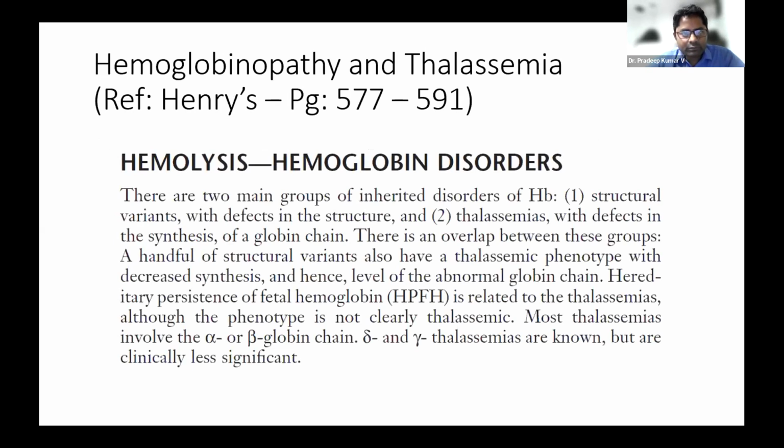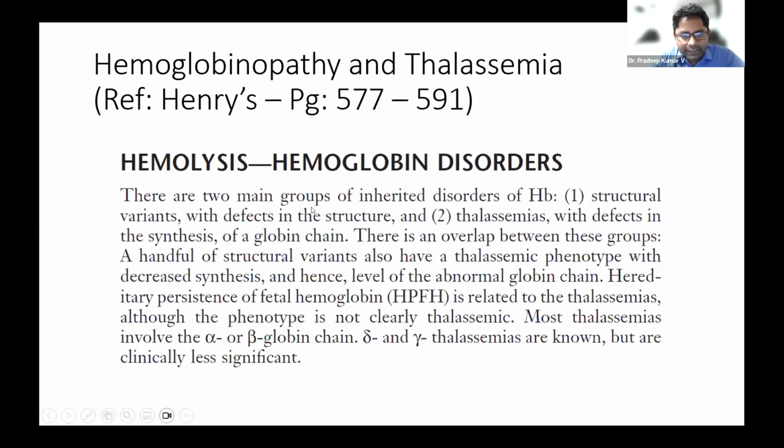This is from the very familiar textbook for pathologists, Henry. If you refer to page numbers 577 to 591 in the 23rd edition, you will get immense knowledge about the thalassemias and the hemoglobinopathies, and definitely it will be a ready reckoner when you want to report hemoglobinopathy.